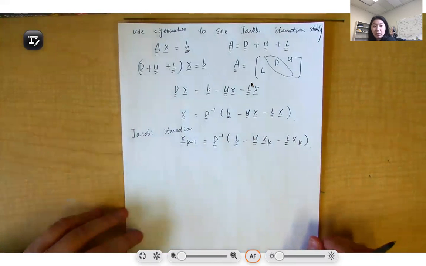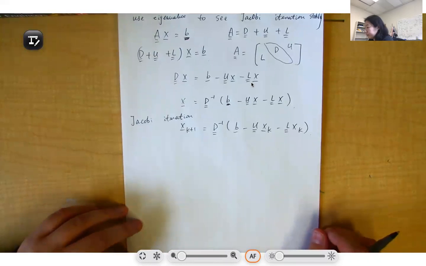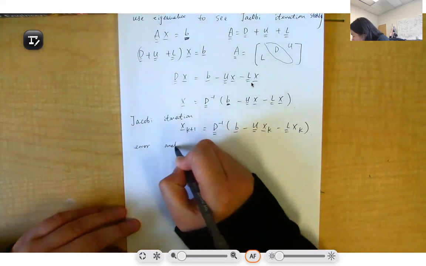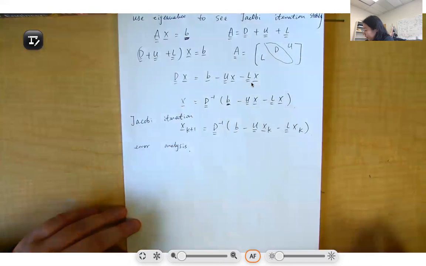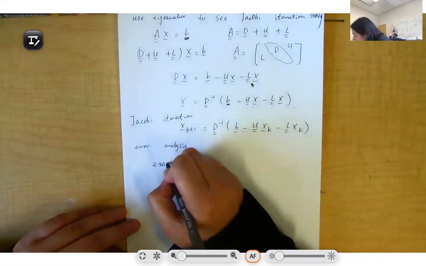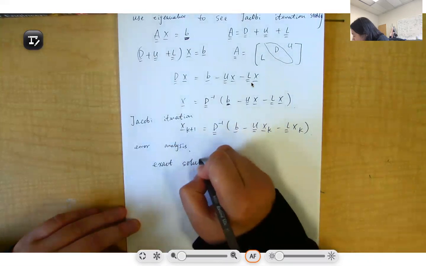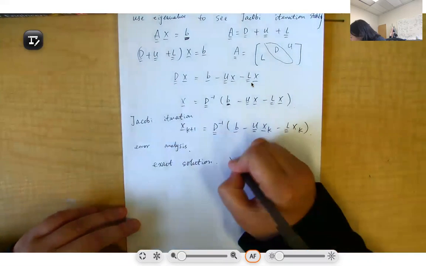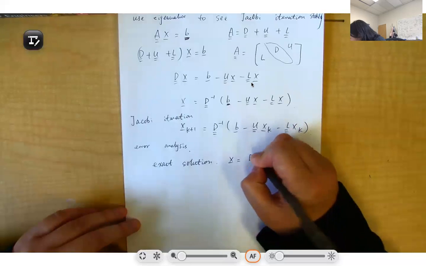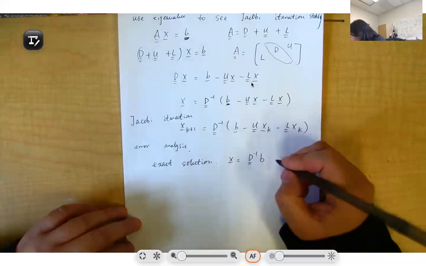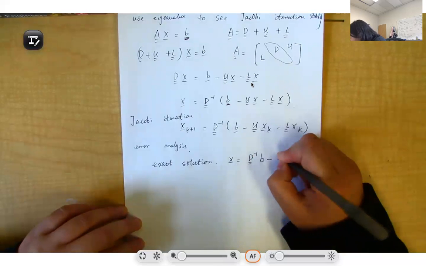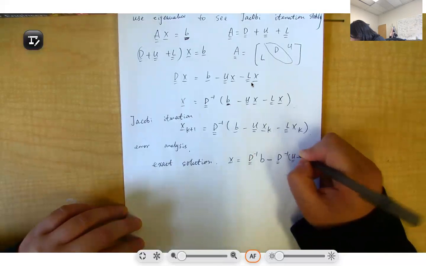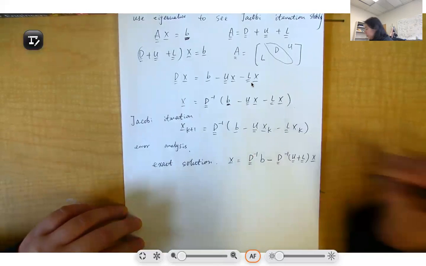Then let's do the error analysis. We know the exact solution should satisfy this form, right? So x should equal D inverse B minus D inverse (U plus L) times x.